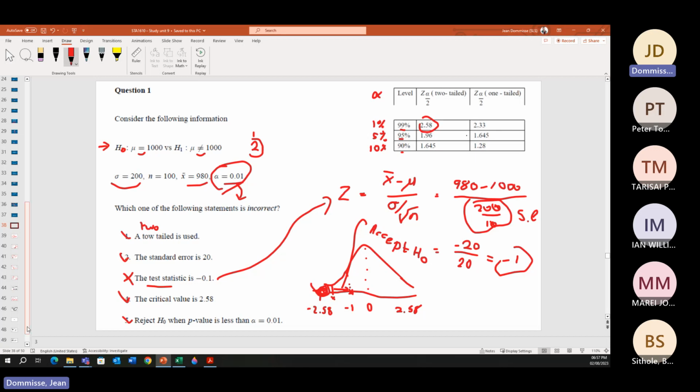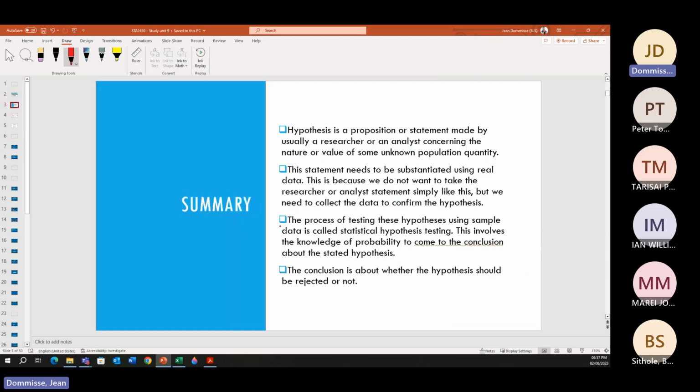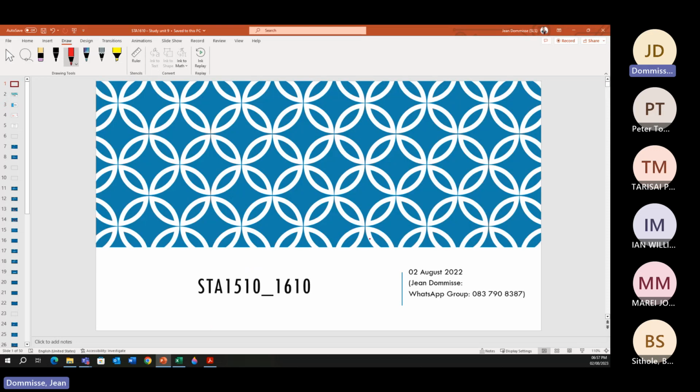So go and look at the study unit again. Then next week we'll do a recap of assignment 3, and the week after we will kick off with study unit 9 again and do one or two of them.